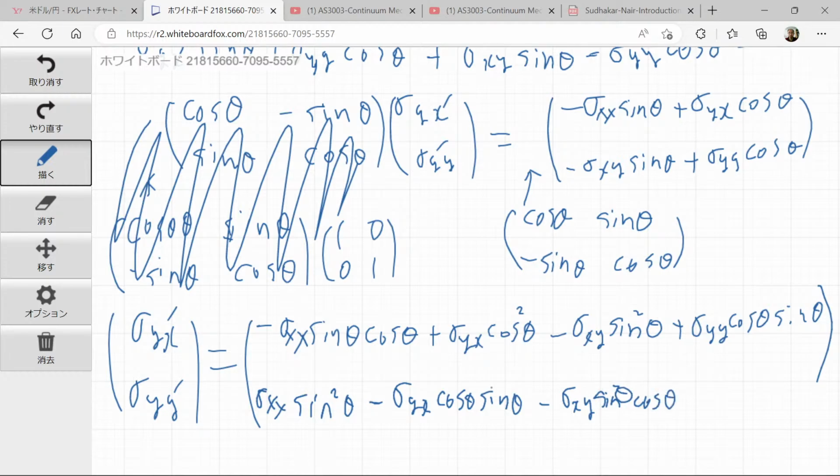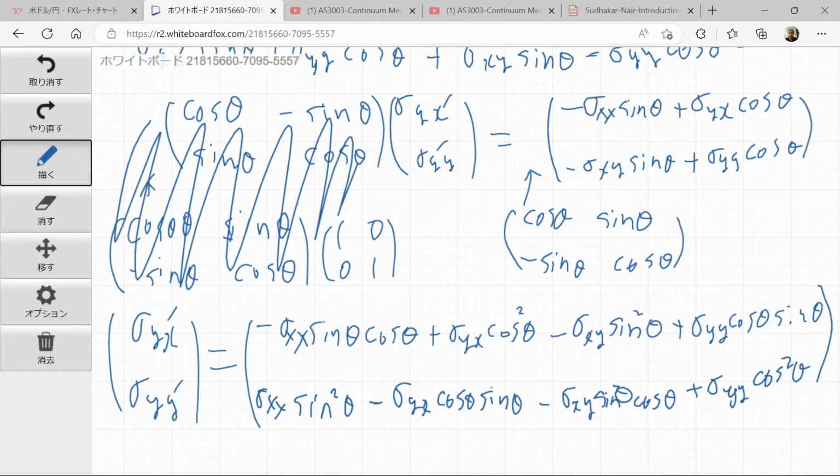Yeah, then sigma yy cosine square theta. I think this is correct.